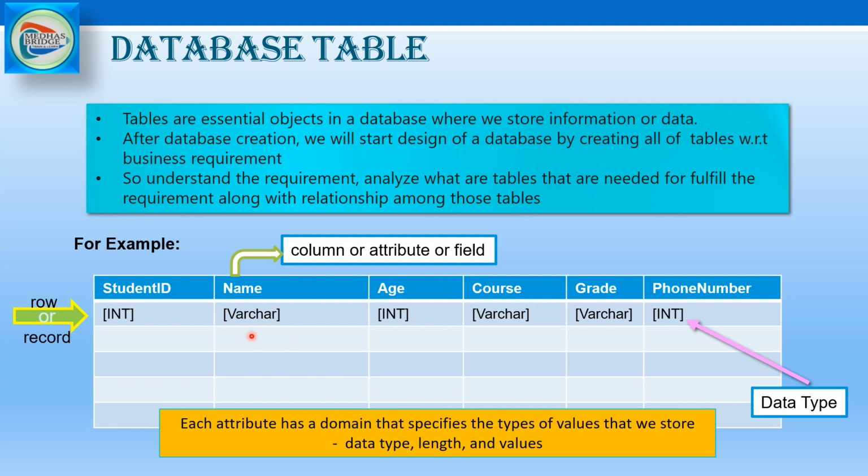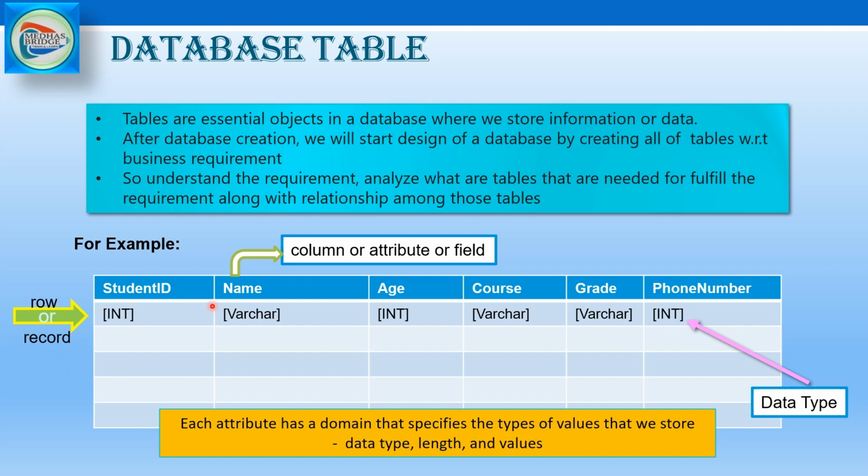The reason for saying variable character is that the length of characters can vary based on the size of the name that you are going to store. You can still specify that you need a 10 character length reservation or 20 character length. Those things can be specified during table creation. Similarly, age is an integer, course is a varchar, grade is a varchar, right? Phone number is like an integer.